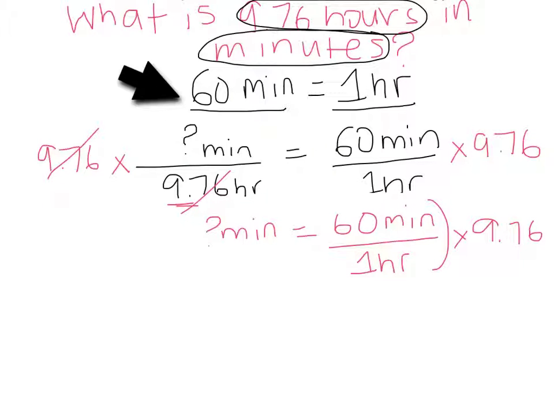Okay, so again, we're going to do this first. 60 divided by 1 is equal to 60. And then you're going to multiply that by 9.76. I'm going to punch that in my calculator. You should be doing the same thing right now.